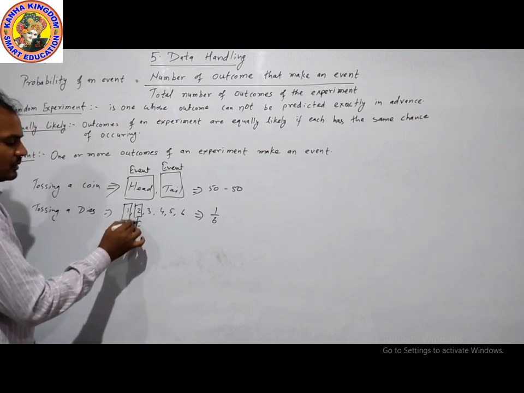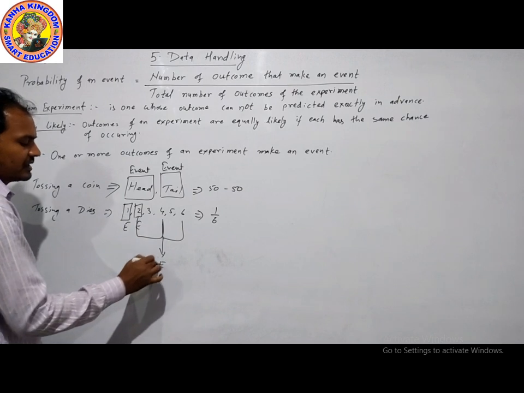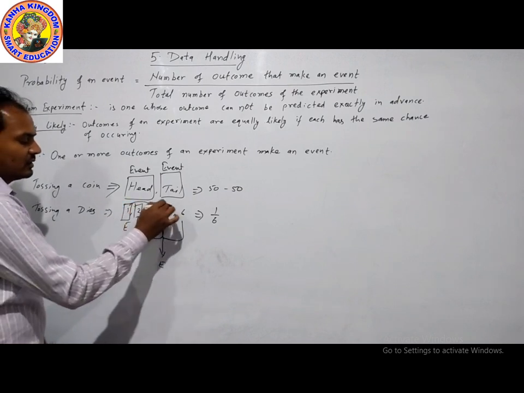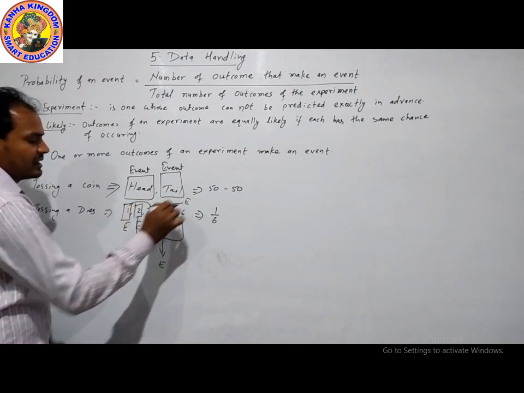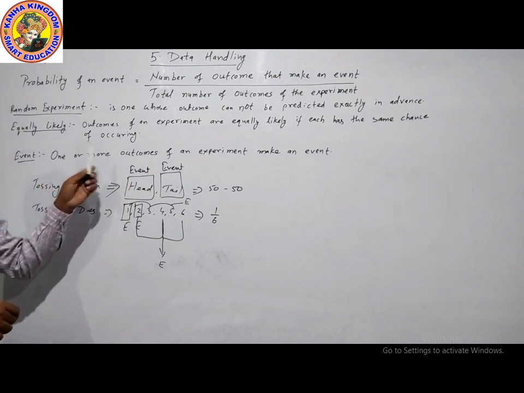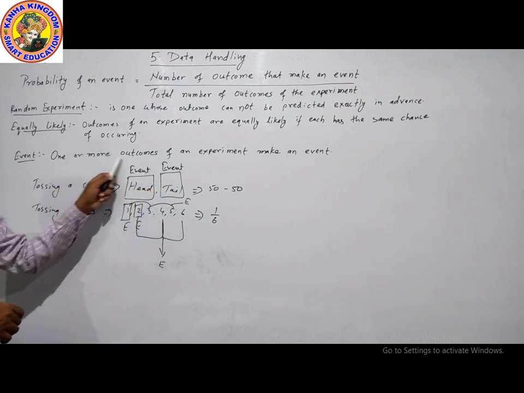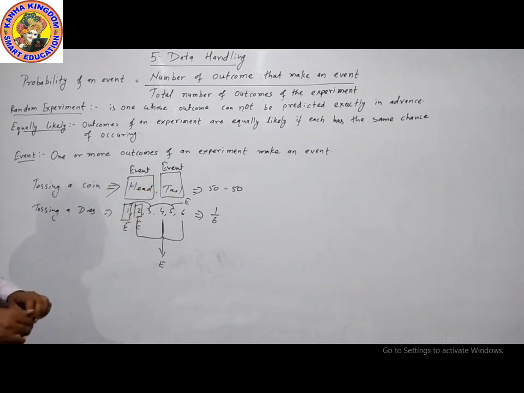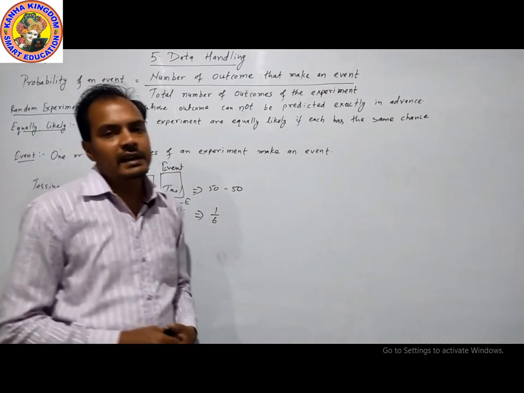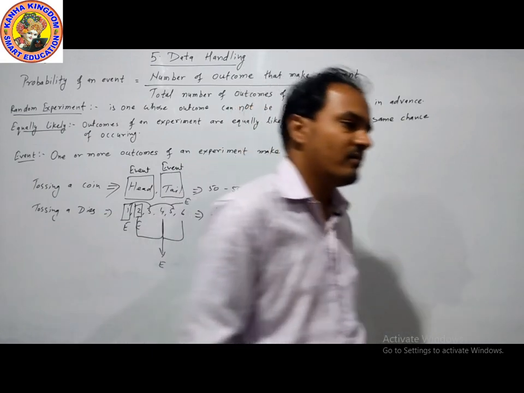And 2, 4, 6, even numbers, is also an event. 1, 3, 5 is also an event. An event has one outcome or more than one outcome. You can take a screenshot of this. We will move to our exercise.